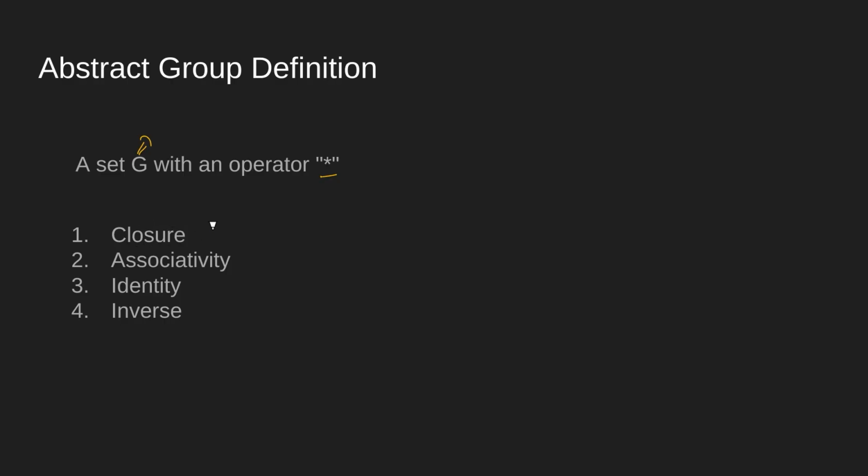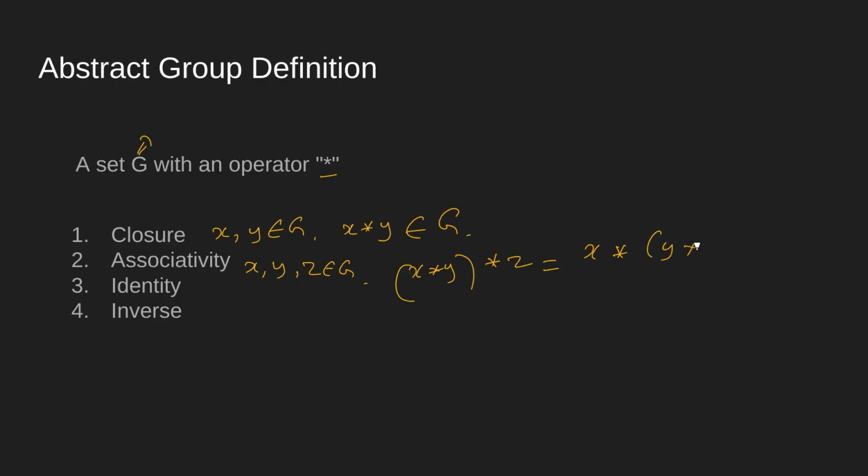Closure: for any x, y in G, x star y should also be an element of G. Associativity means if we take any 3 elements from G, then x star y star z, first we operate x and y and then we operate their result with z, should be equal to first operating y and z and then operating x with the result, without changing the order.